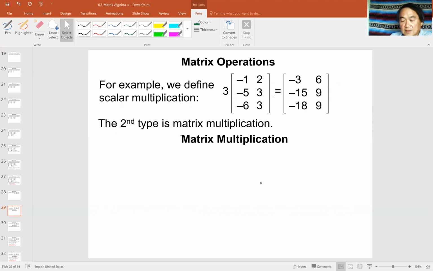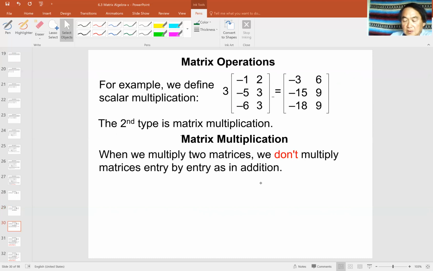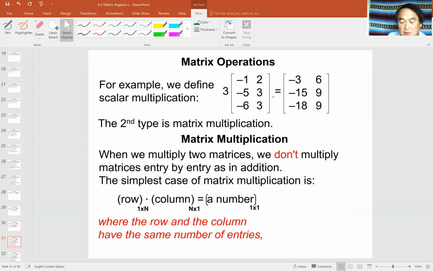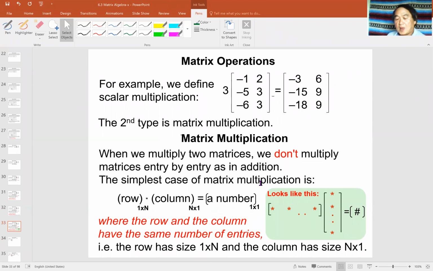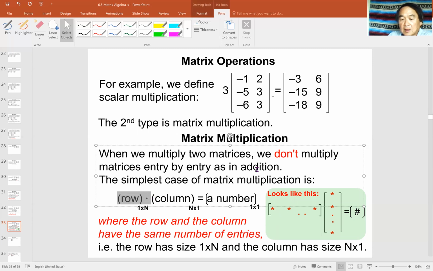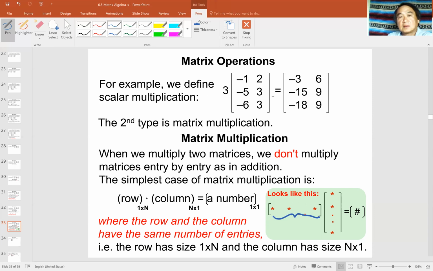But the most important operation is matrix multiplication, and this is defined in the following manner. First, we don't define it the way we did for add and subtract, by multiplying corresponding entries; rather, we have this format. We have a row matrix on the left, and the number of entries in the row is the same as the number of entries in the column on the right.